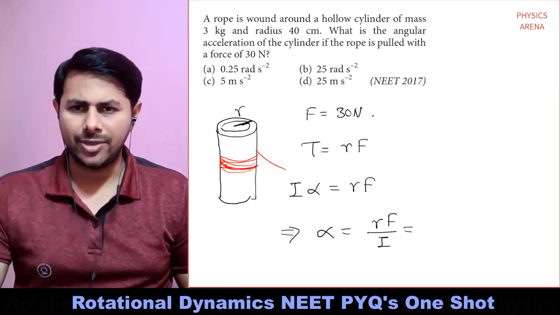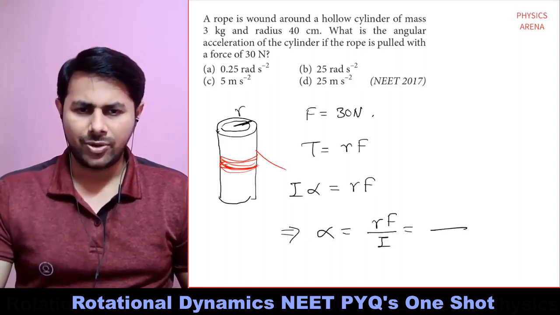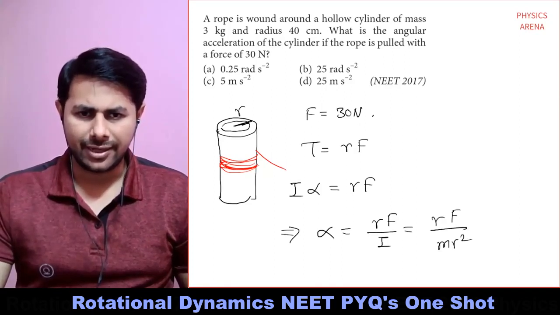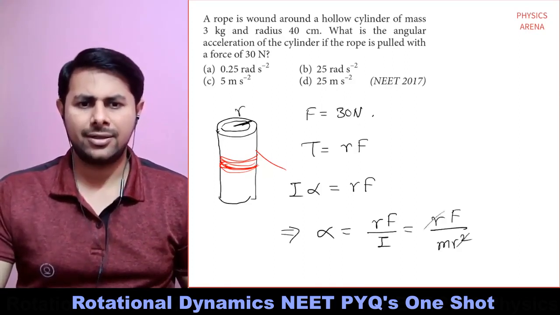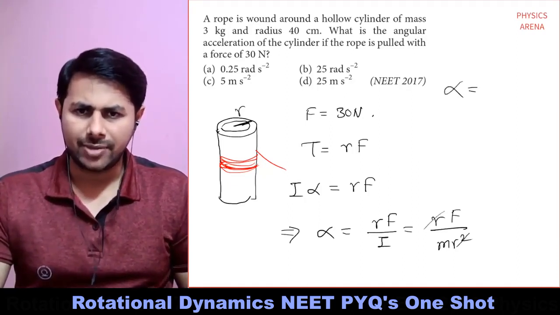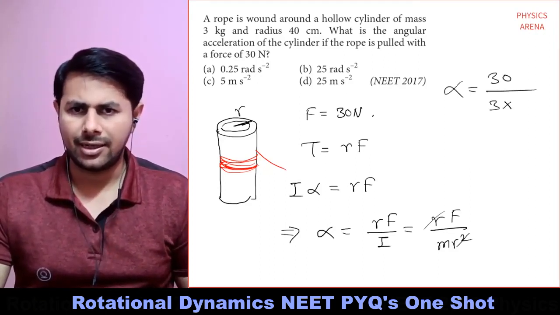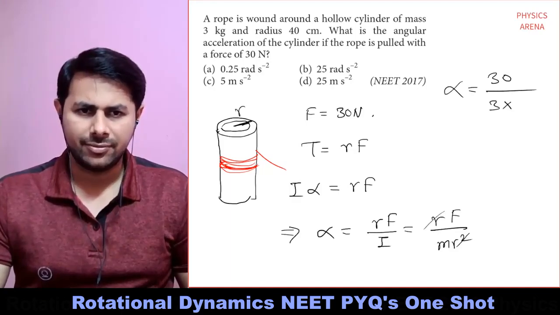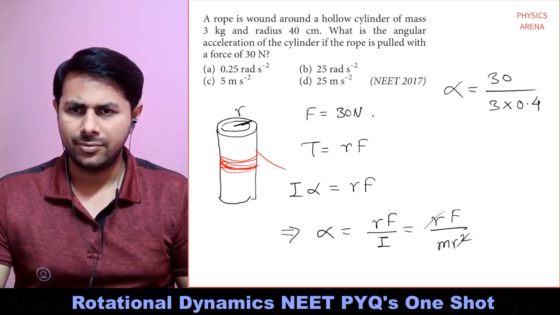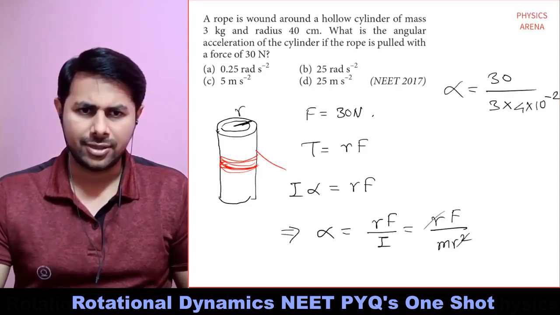So what is its moment of inertia? Moment of inertia of a hollow cylinder is, what is the formula? It's mr square. So R times F, this R and R get cancelled out, F upon mr. So alpha is F upon mr. F is 30, m is 3, and R is 40 centimeters, that means 0.4, or let's write it as 4 into 10 raised to minus 2 meters.